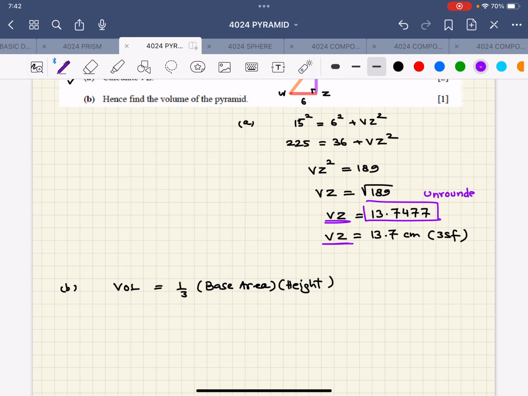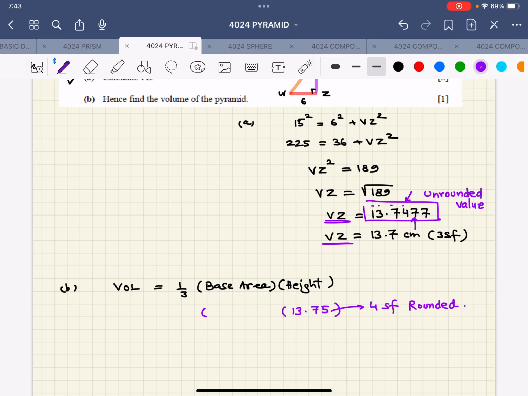Not so much, but 1, 2, 3, 4. 4 significant figure is perfect. So this is 13.75. This is the 4 significant figure rounded value that we will use. The unrounded value is there, but since this is 7, therefore I round it off.